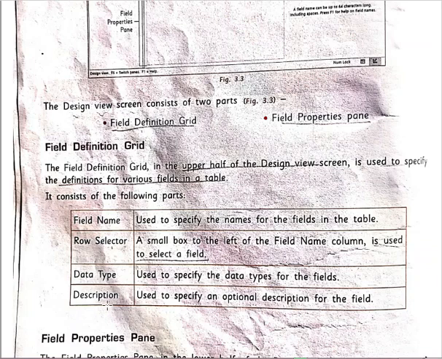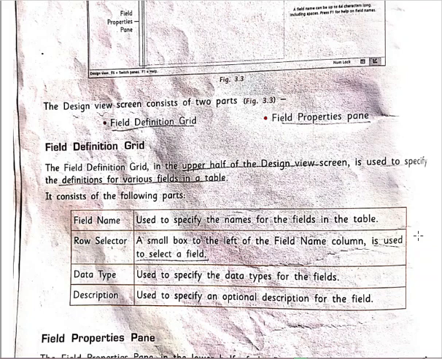The first is the row selector. It is a small box to the left of the field name column, and it is used to select a particular field.